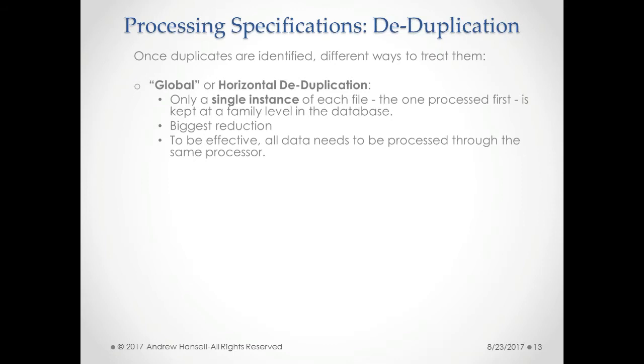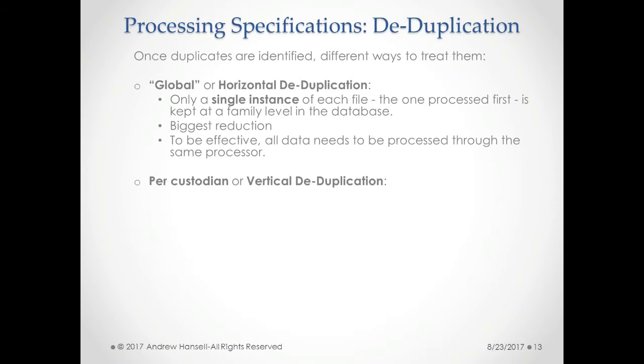One thing to keep in mind for global deduplication is that in order for this to be effective, all the data is going to need to be run through the same processor, the same processing entity, because that's how the deduplication standard is going to be applied. We'll talk a little bit later about what can happen if you have different data processed by different processors, and when you load it all into the same database, your global deduplication is not going to be effective.